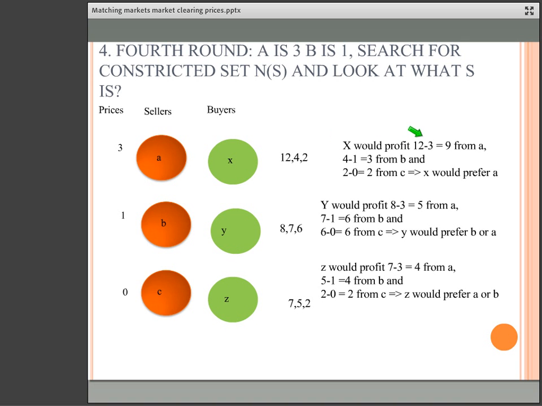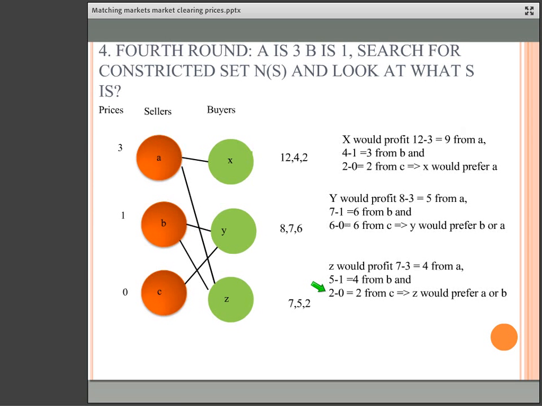Once again, you go through the calculations. 12 minus 3 equals 9. Okay, that's bigger than 4 minus 1, which is 3, and 2 minus 0, which is 2. So X would prefer A, and you do this calculation, Y would prefer B or A, and Z would prefer A or B. And let's see in the next slide set.